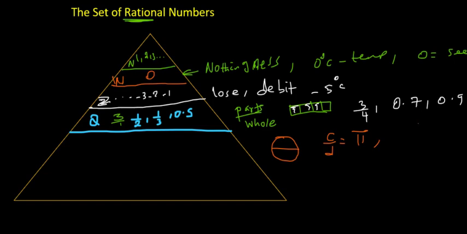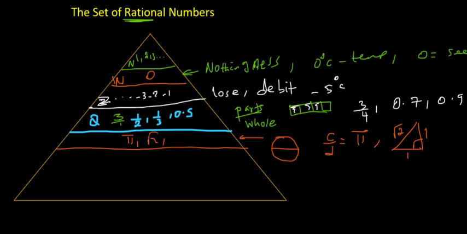And if you also have an isosceles right angle triangle whose legs have magnitude 1 unit, the hypotenuse squared is 1 squared plus 1 squared, which is 2. But we don't have this in rational numbers. Rational numbers are incapable of expressing this, so we have to think beyond rational numbers.